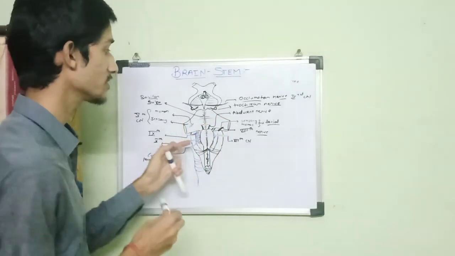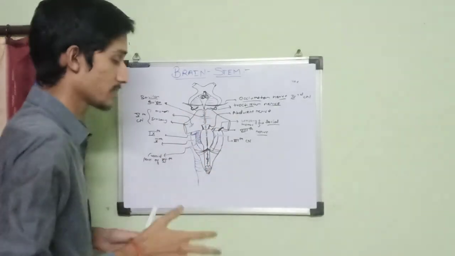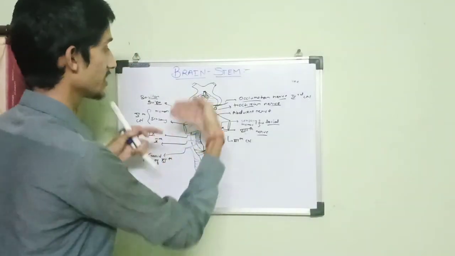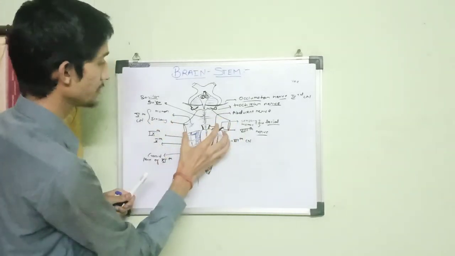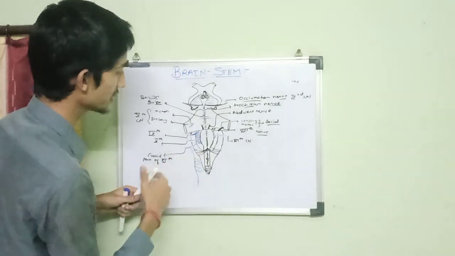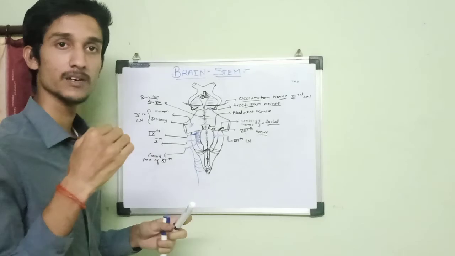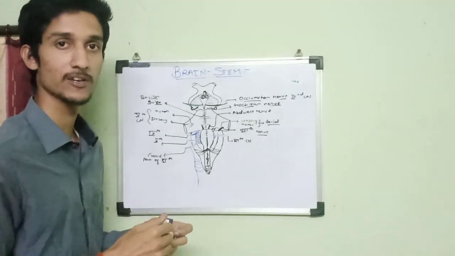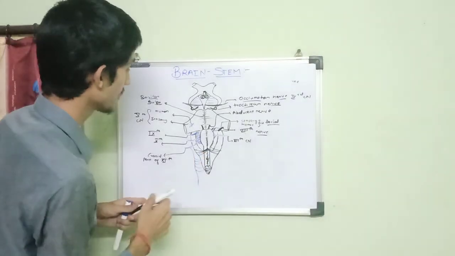They connect the pons with the cerebellum, which lies posterior to the brainstem. Then at the brainstem, I told you it is the pyramidal decussation. We will talk about it in the next video when we see the sections of the medulla oblongata, pons and midbrain.